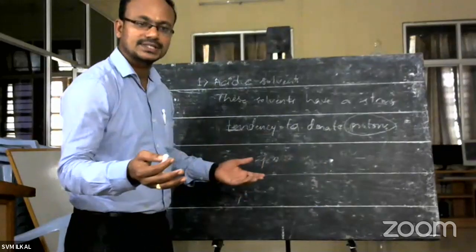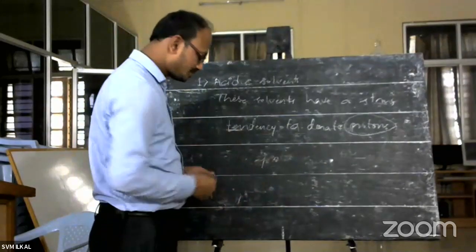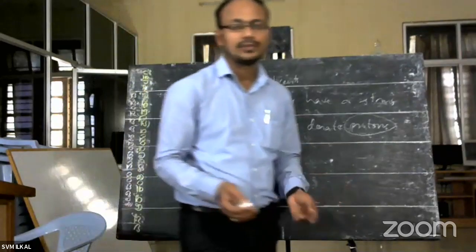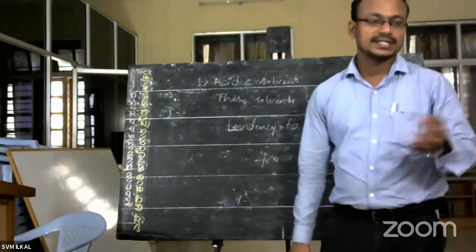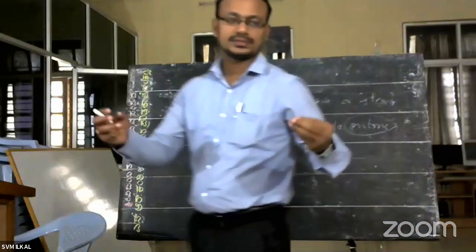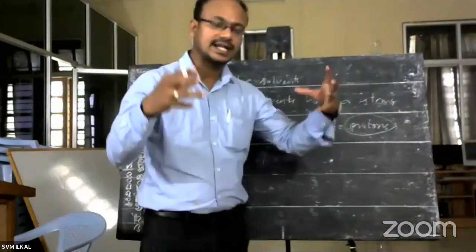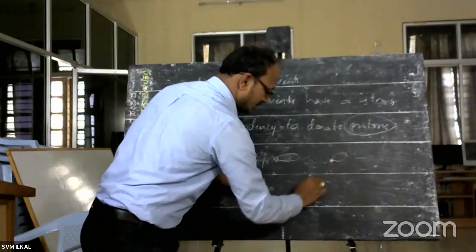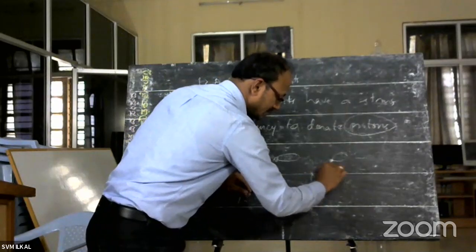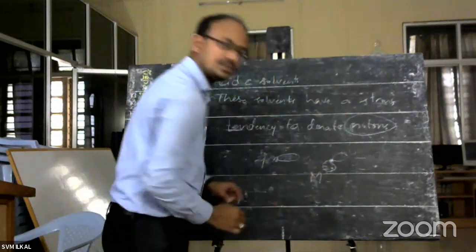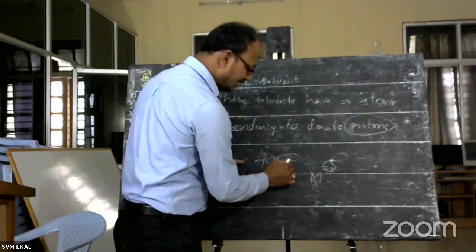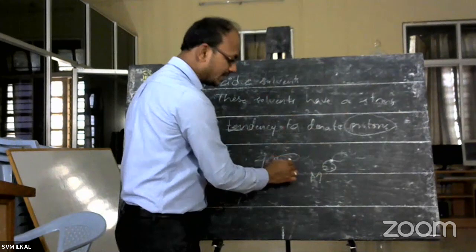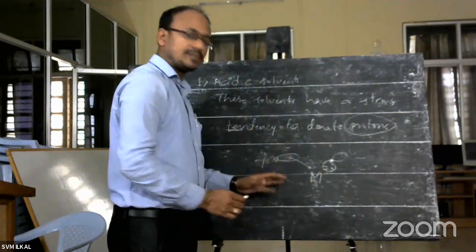A simple example: EDTA, ethylenediaminetetraacetic acid, acts as a ligand that donates electrons to zinc, which is in the +2 oxidation state. In general, a metal usually has a +2 oxidation state, and this +2 gets satisfied by the electrons of the neighboring ligand, which donates electrons to the metal ion, thereby forming a complex.